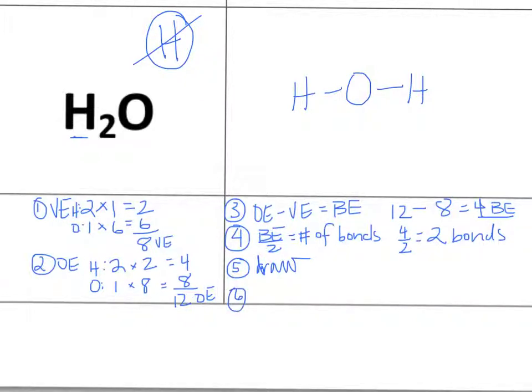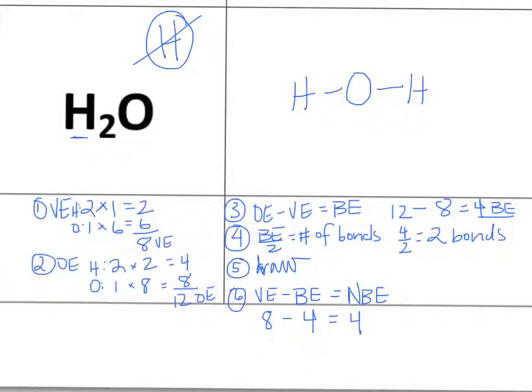Step 6 is we take our valence electrons minus our bonding electrons, and that is equal to our non-bonding electrons. So valence electrons are 8, bonding electrons are 4, and that means we have 4 non-bonding electrons.